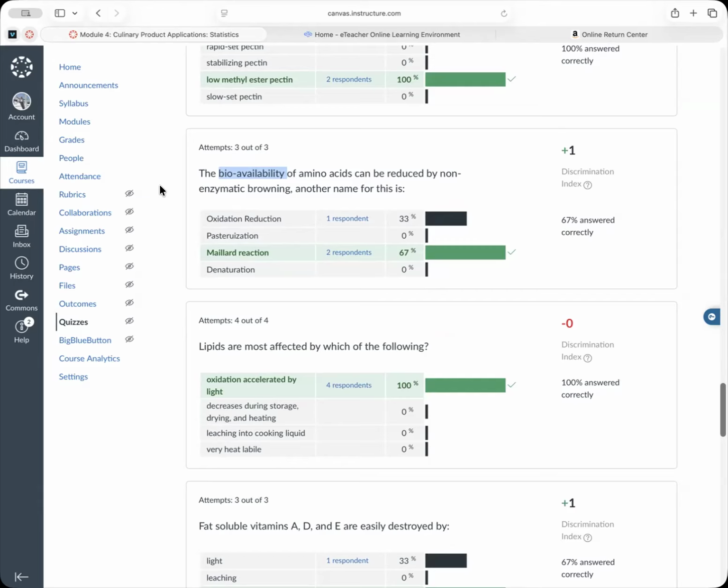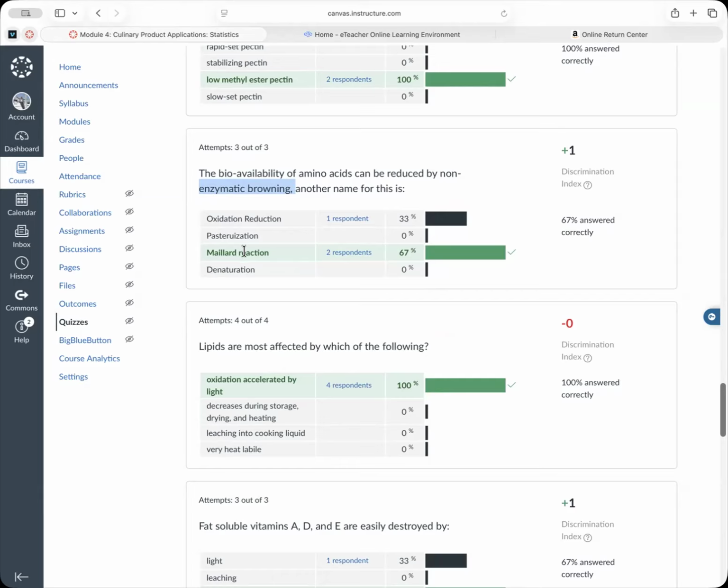And the same thing goes for non-enzymatic browning, which is another name for, this is the science name for a thing that we do all the time. That's right, Maillard reaction, which is different than enzymatic browning, which is what happens in an apple.